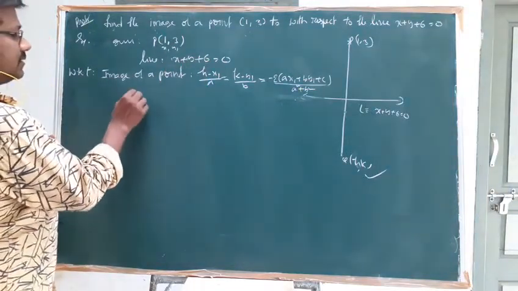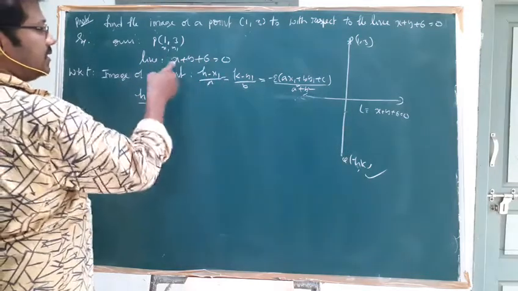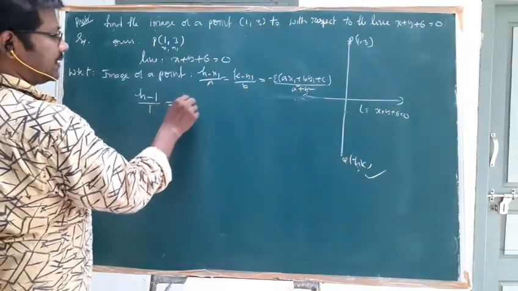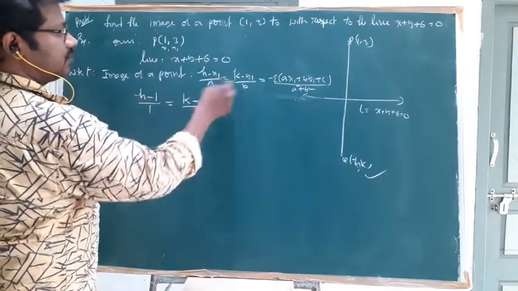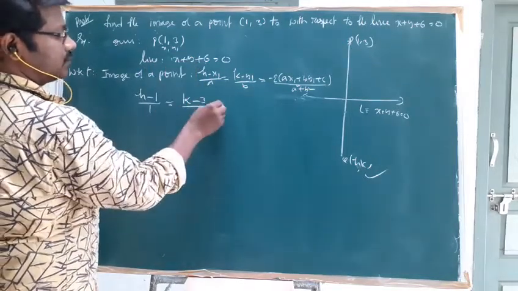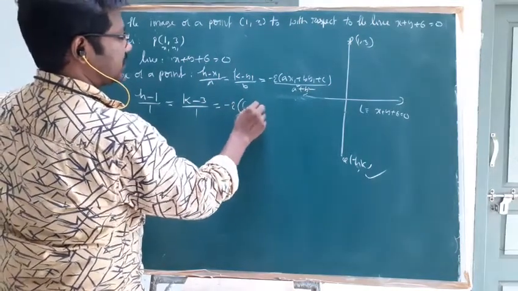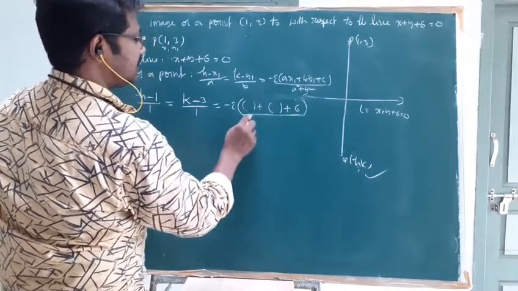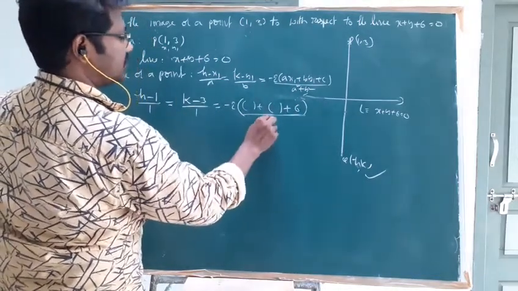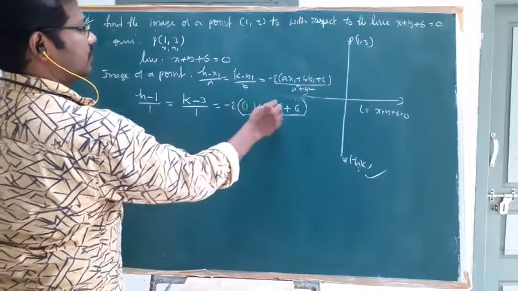Therefore, h minus x1, that is h minus 1, by a value 1, is equal to k minus 3 by b value 1, is equal to minus 2 into (x plus y plus 6) by (a square plus b square, 1 square plus 1 square), with x1 value 1 plus 3.